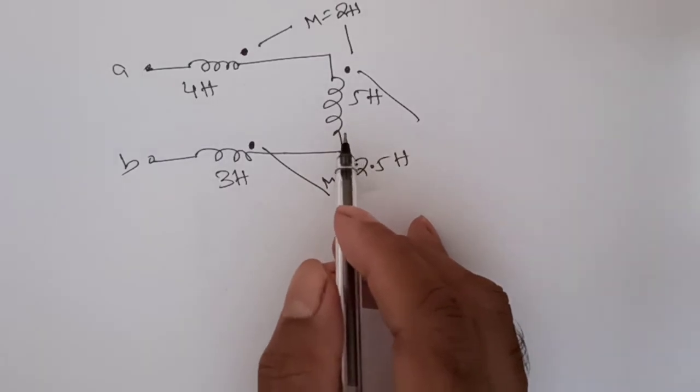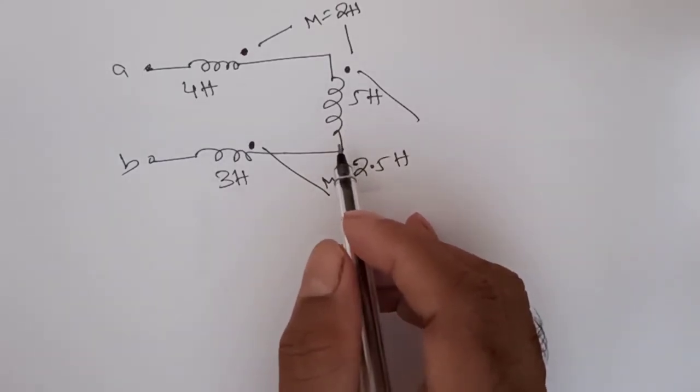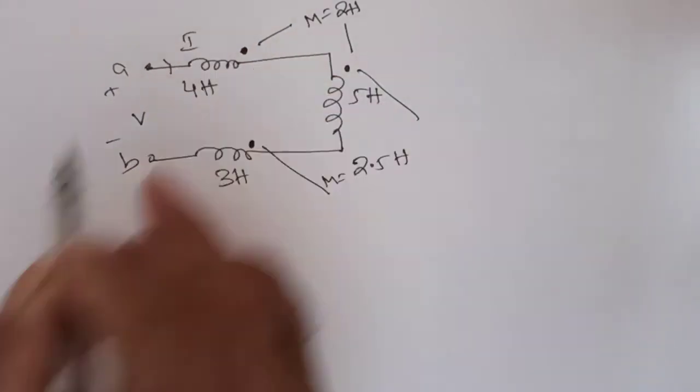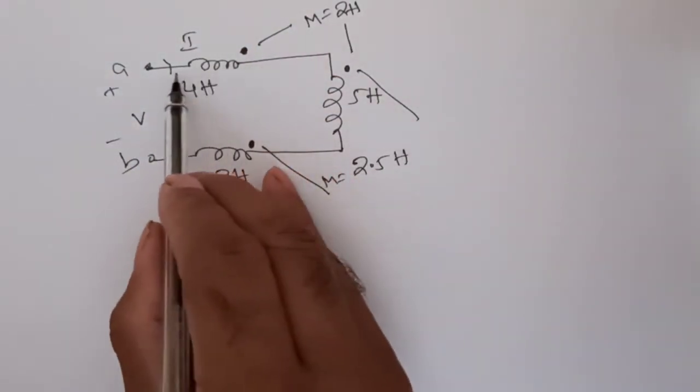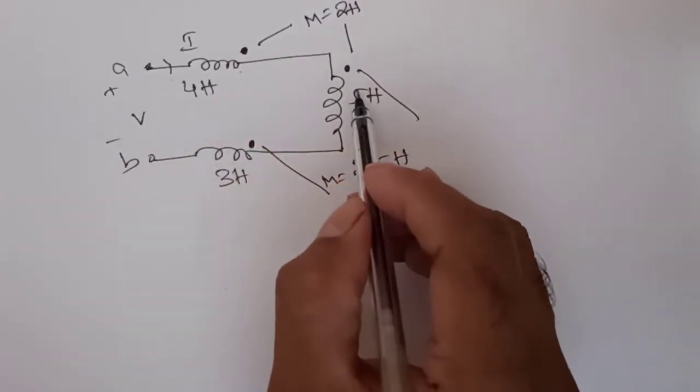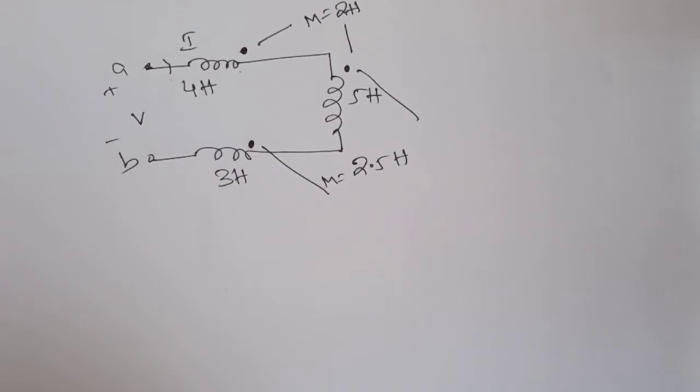Just now we discussed the dot convention. Let us assume the applied voltage V and the current I flowing through this circuit. Here for the first coil the current is leaving, for the second coil it is entering, and for the third coil it is entering.